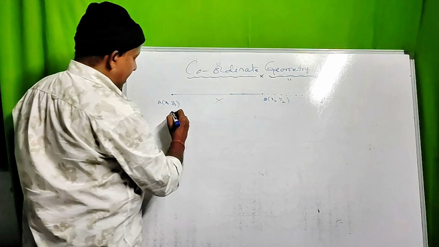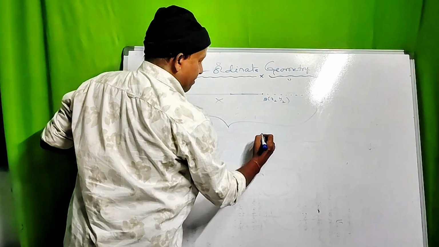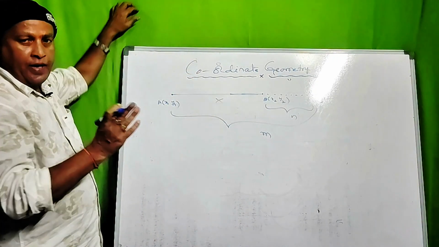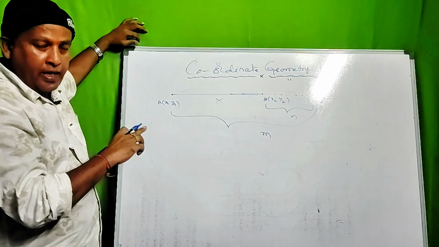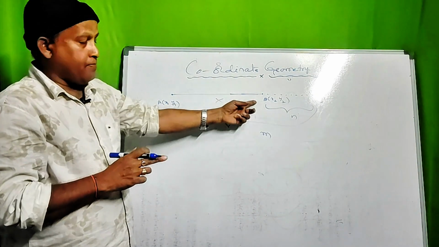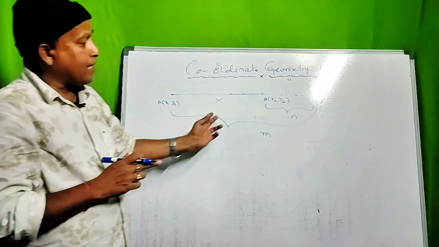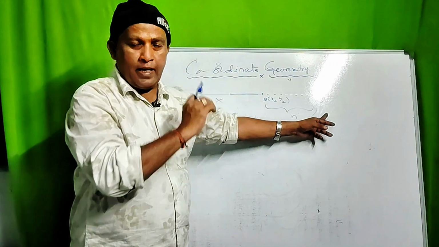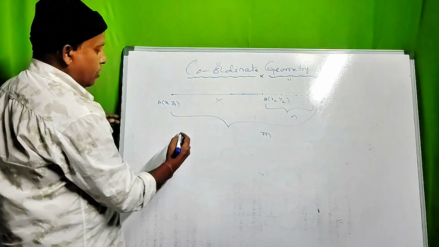Here P divides AB in the ratio m to n. The difference from the previous one is that there it was internal, lying in between AB, whereas here it lies outside AB. That's the only difference. The remaining is the same, so only the formula changes.